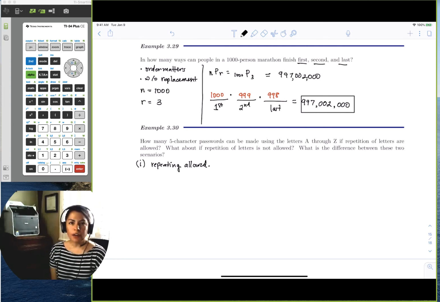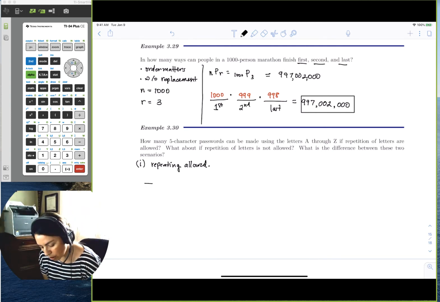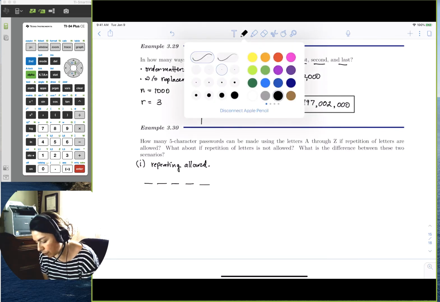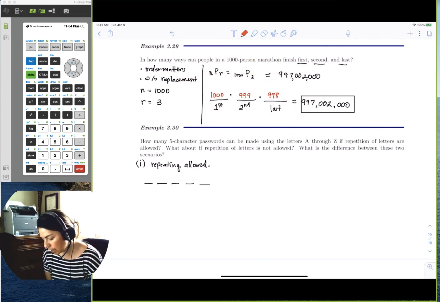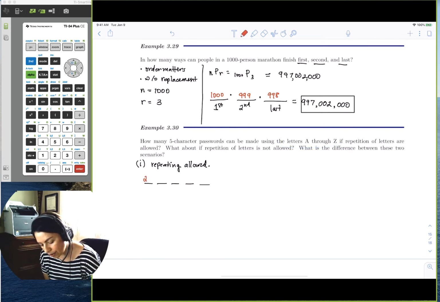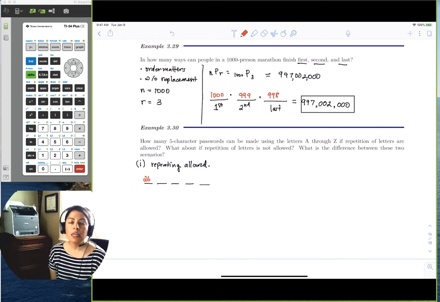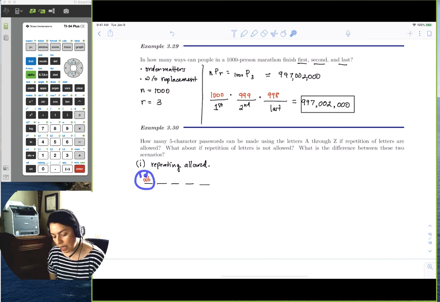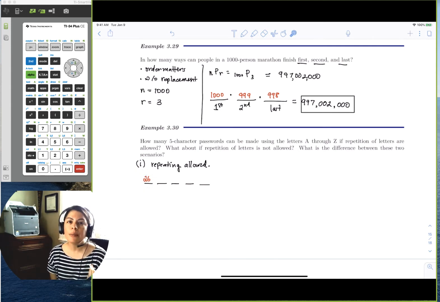Okay, well, 5-character passwords, that means 1, 2, 3, 4, 5, right? And the number of choices for each character are the letters A through Z. And so therefore there's 26 letters in the alphabet, but I can reuse the letters. So even if I use one of the 26 letters on that first character, how many choices do I have for the second character, knowing I can repeat letters?